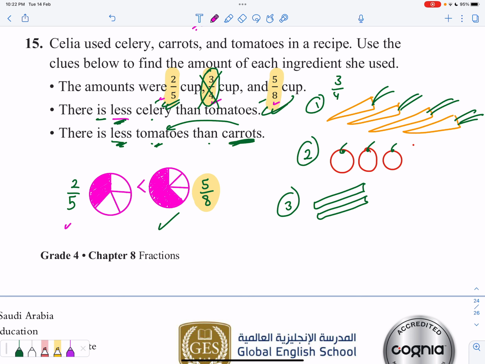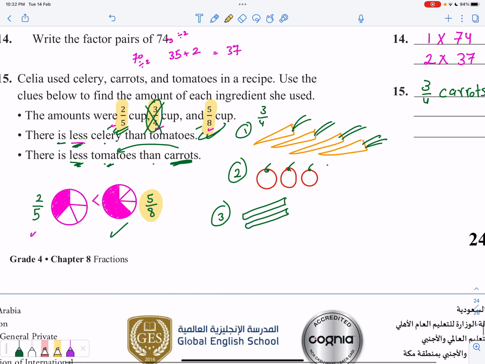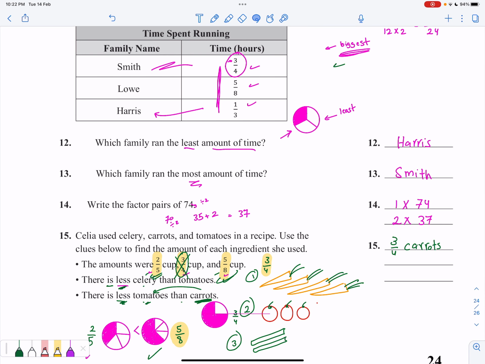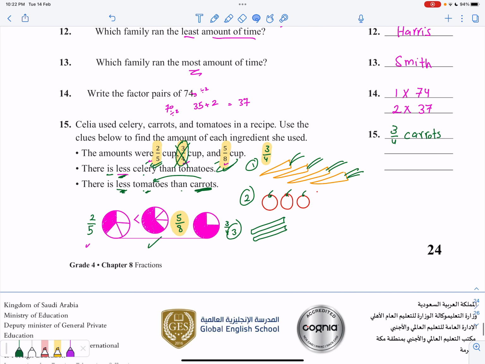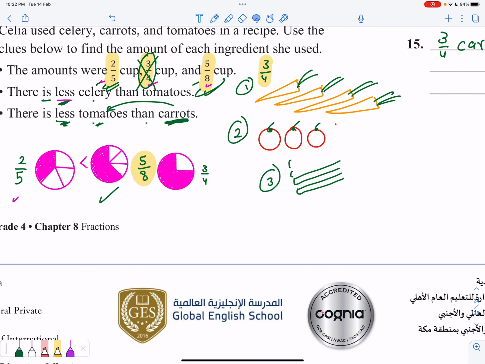Now let's put these fractions to each one of these vegetables. We know that 3/4 is the biggest fraction, which we had from here. The 3/4 is the greatest fraction among all of these three.